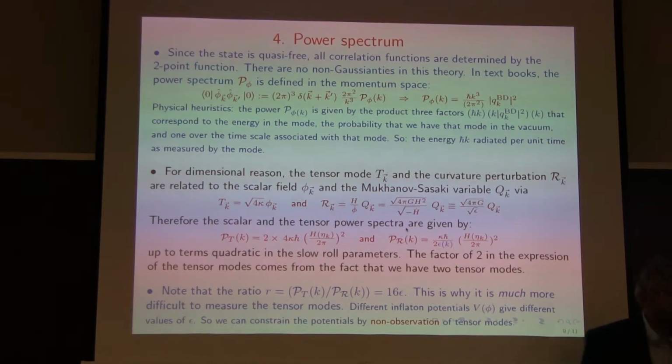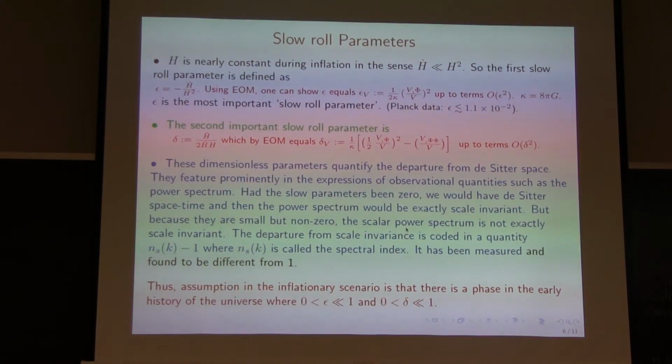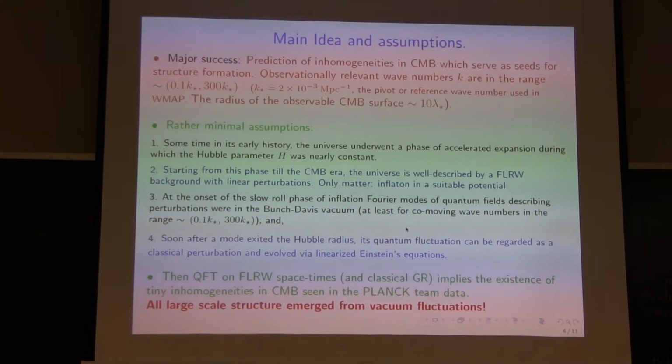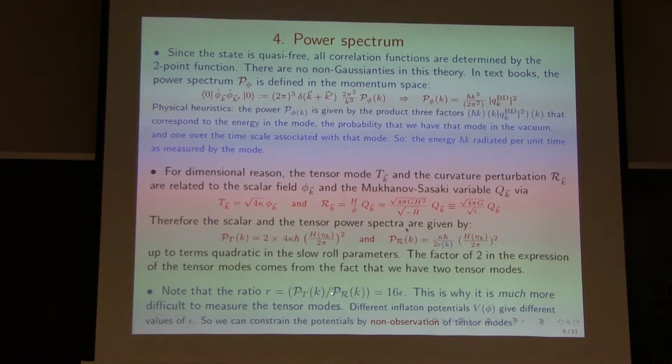So the point up here is that given a potential, we can calculate what epsilon is using that potential, and therefore we can calculate the value of that epsilon. And the statement is that you can use those values and the fact that we have not yet seen the tensor modes to put restrictions on the class of potentials that are viable.